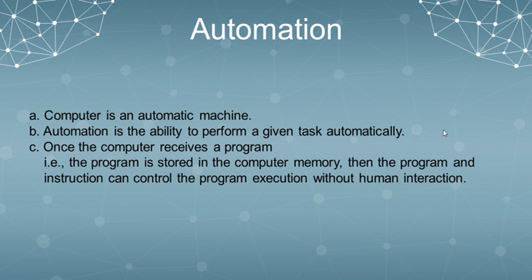For example, we can set a reminder that on a certain day we are going to attend a meeting. The software automatically reminds us without disturbing us. Next, once the computer receives a program, the program is stored in computer memory. Then the program and instructions can control the program execution without human interaction. As in the earlier example, a person can set the reminder for the meeting, so the program can automatically do the work for the person.